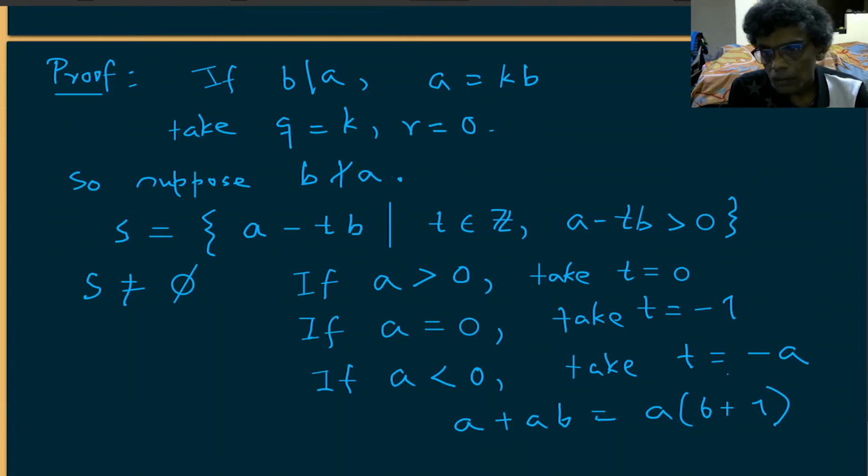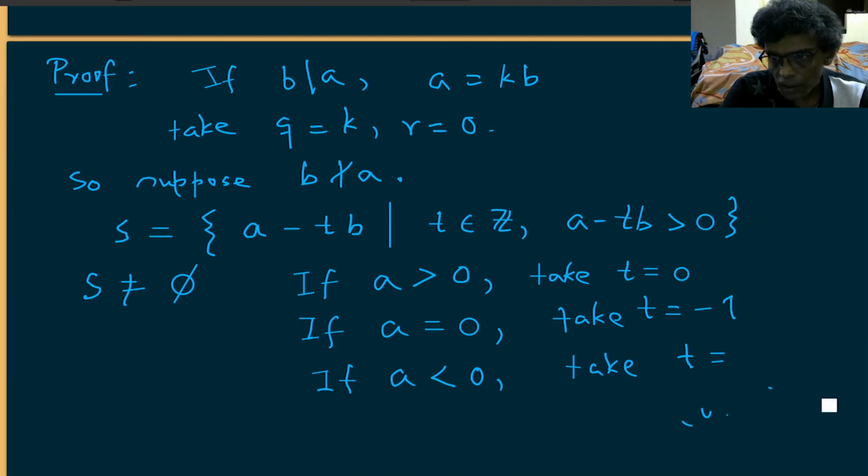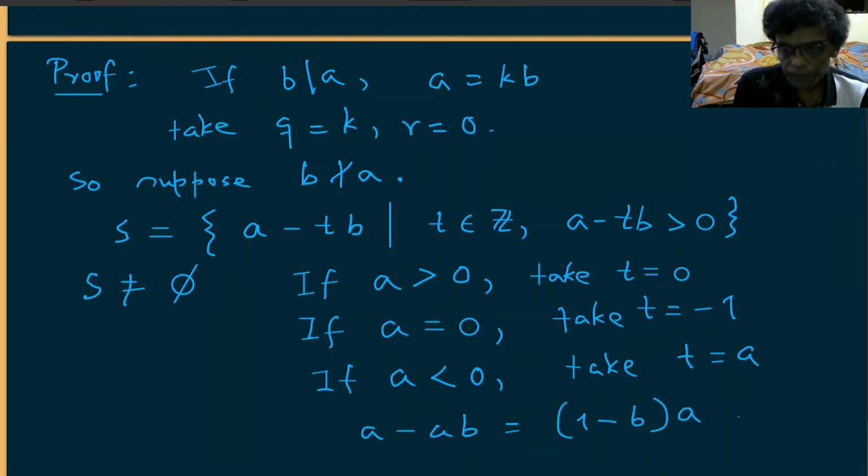No, sorry. A is negative already, so I should take T equal to A. Then what is this? A minus TB is A minus AB, which is (1 minus B) times A.